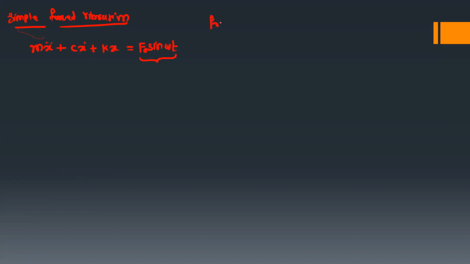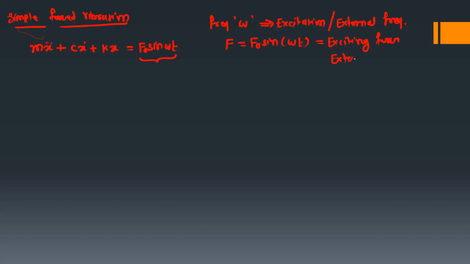And here the frequency, which is omega, is called the excitation frequency, or the external frequency. The value of force F equal to F0 sine omega t is called an exciting force, or external force.